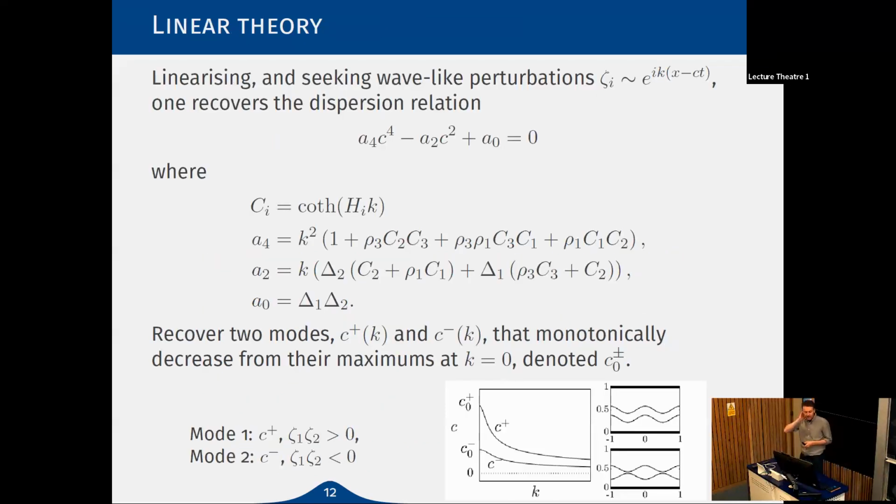The linear theory tells you precisely that you have two modes of propagation. You get a quadratic for the c squared. You find that mode 1 we denote as c plus, and mode 2 we denote as c minus. The linear theory tells you that mode 1, for starters, is faster than mode 2. We denote by c0 plus and c0 minus the long wave speeds. So you can see a schematic of the dispersion relation in the bottom right.